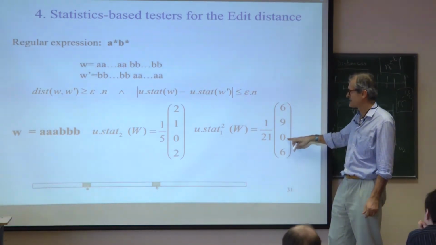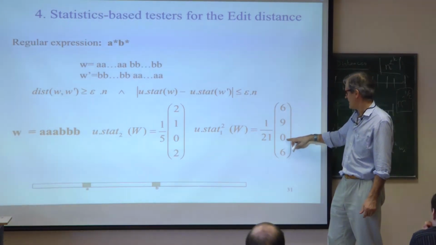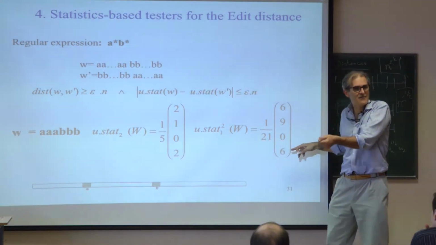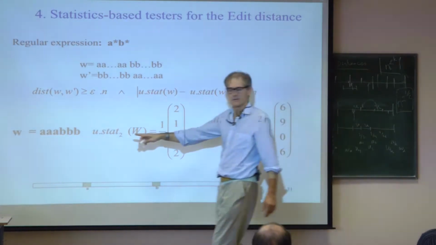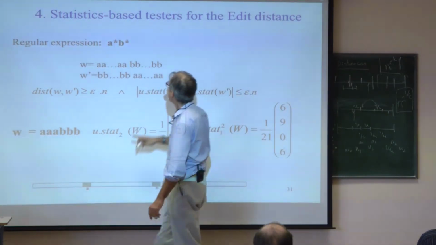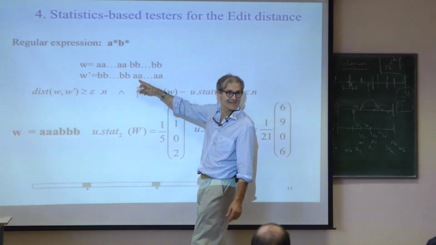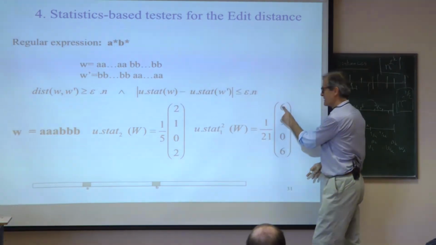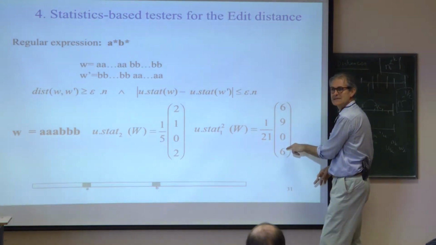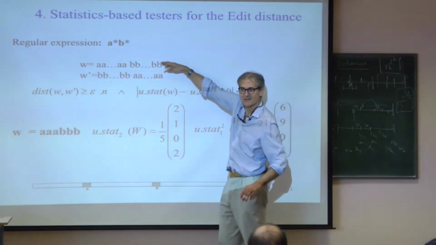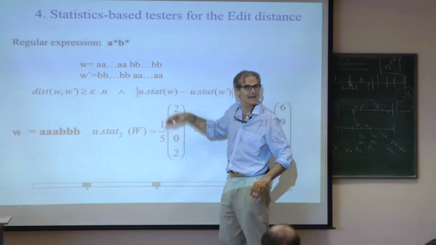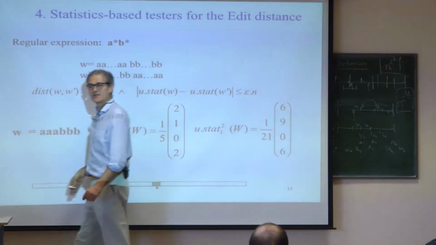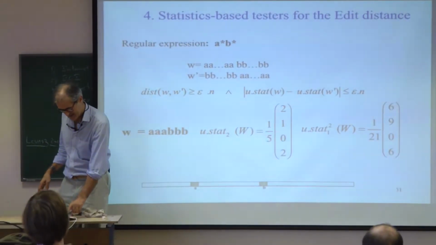And of course you can see that for seeing a B and then an A after, the density is 0, which is fair. Yet it will be high for this second word. So you can immediately see that this U-stat vector will differentiate these two words. So the question is, is it a general phenomenon? And the answer is yes.